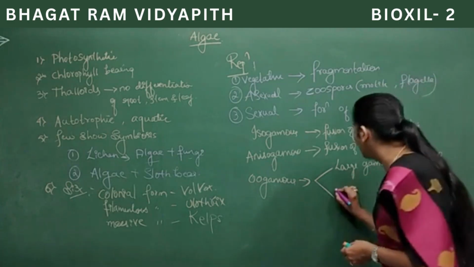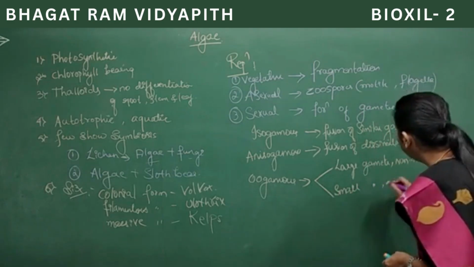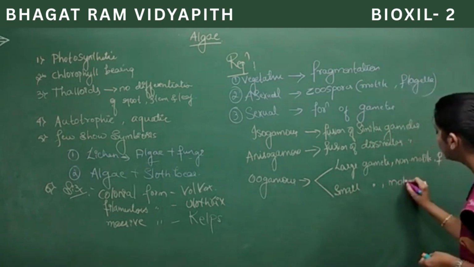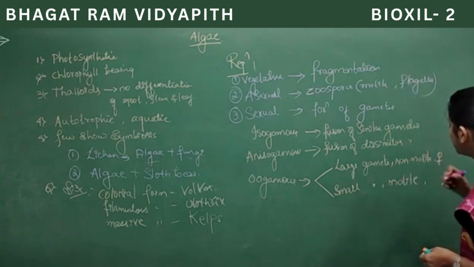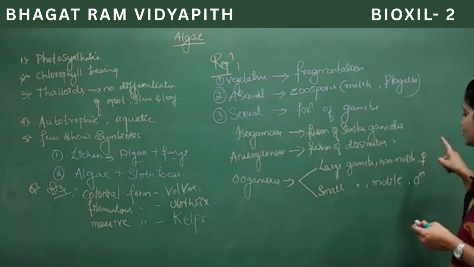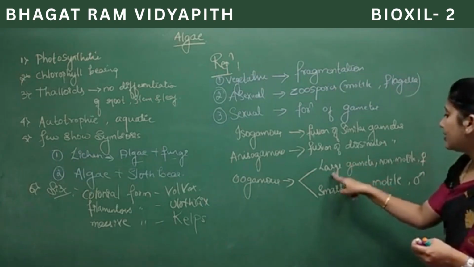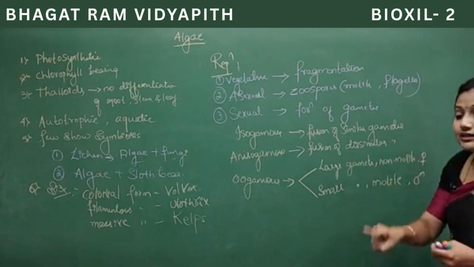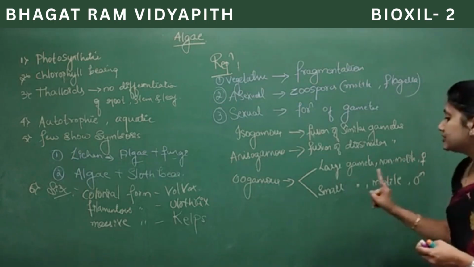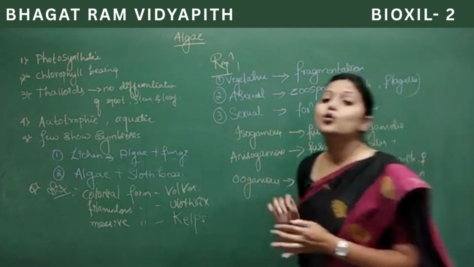Then the other is a smaller gamete which is motile, and this is a male gamete. The fusion of the female gamete, which is large and non-motile, with the male gamete, which is small and motile, is called oogamous.